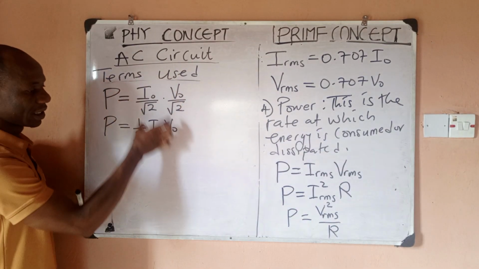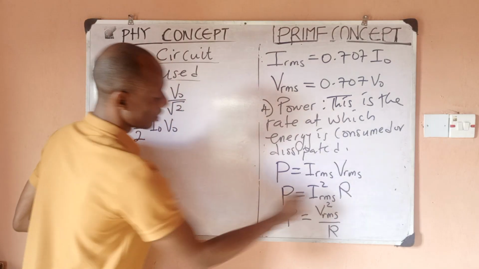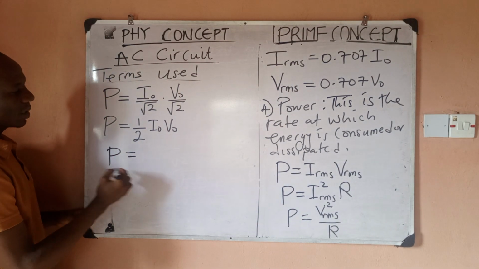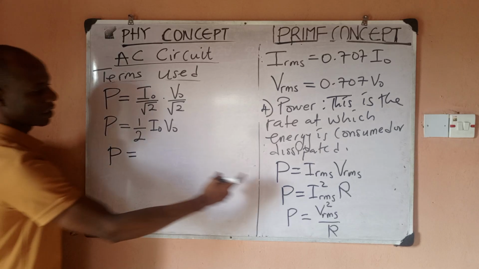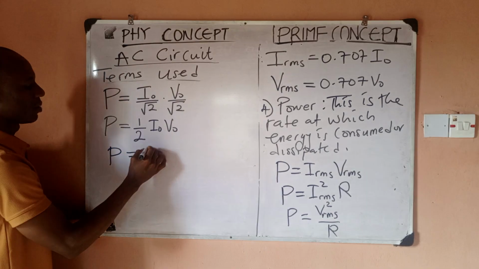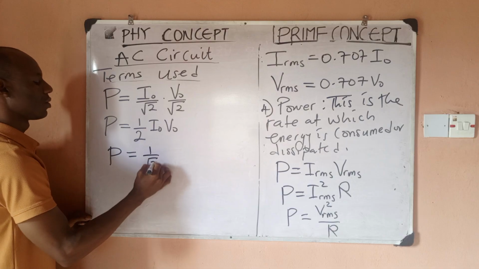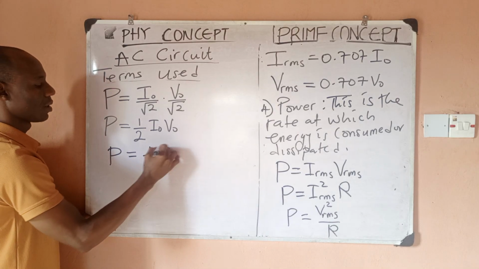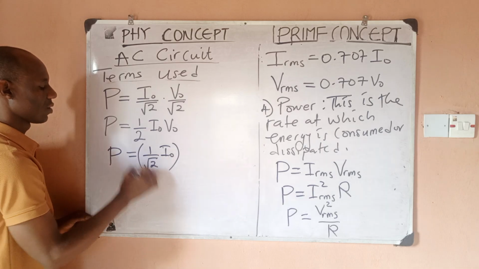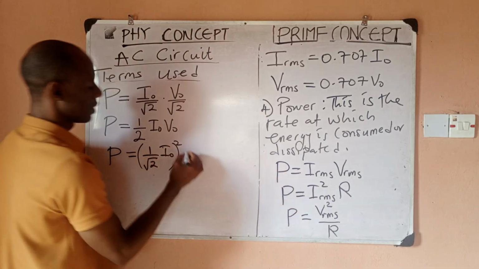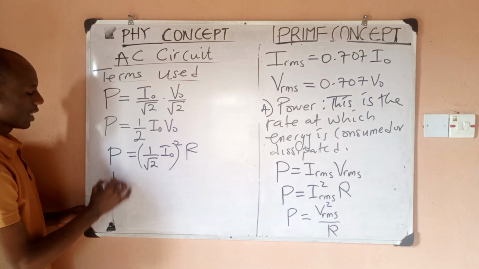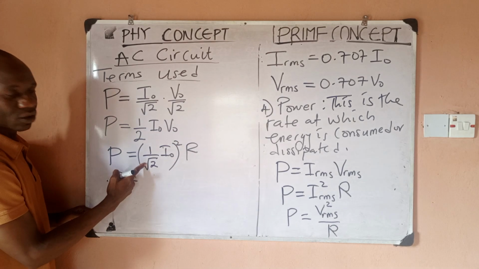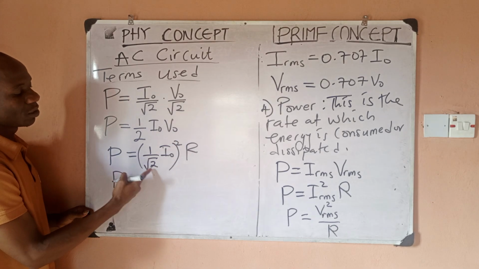So if you follow this same process, you'd get a relationship for the other one. P equals, okay, let's still do it. In place of IRMS, I'll have 1 over root 2 times I naught, all squared, because there's a square, then times R. So that P becomes what? Now, this square would affect this square root. It will cancel this, so it becomes 2.